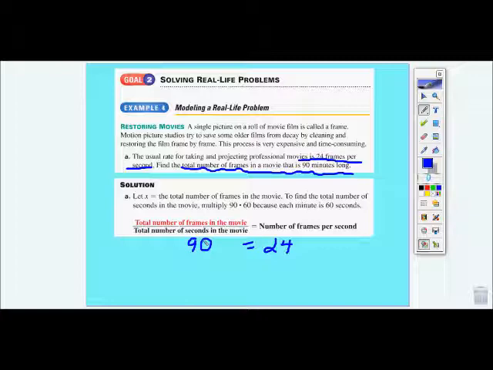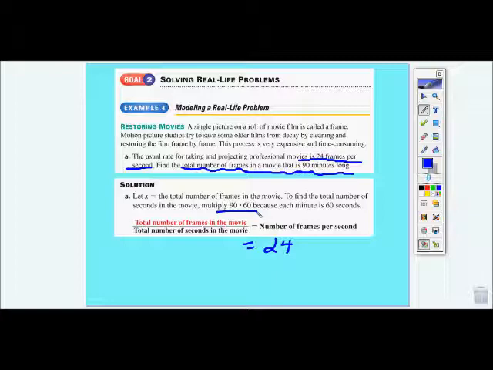Oh, I'm sorry, I skipped one part here. Let me go back, get rid of my 90. We have that the total number of frames in a movie that is 90 minutes long is what we're supposed to try to find out. Now, to find the total seconds in the movie, we need to multiply 90 by 60 because each minute is 60 seconds.